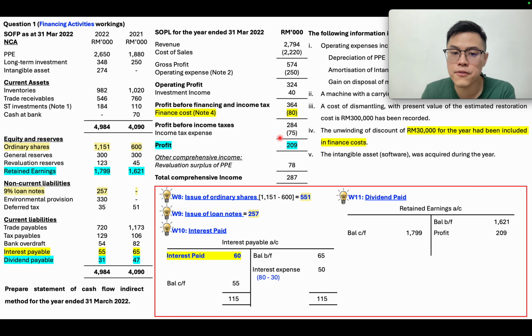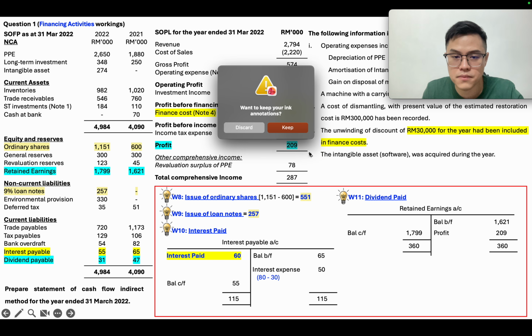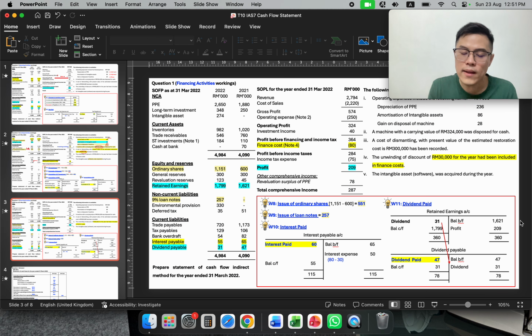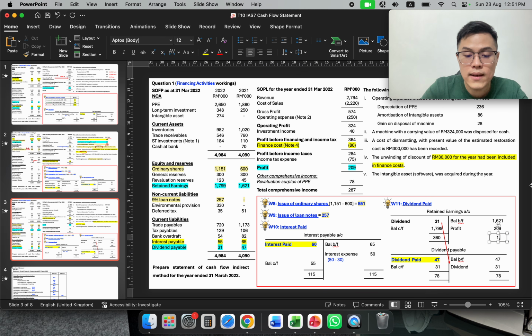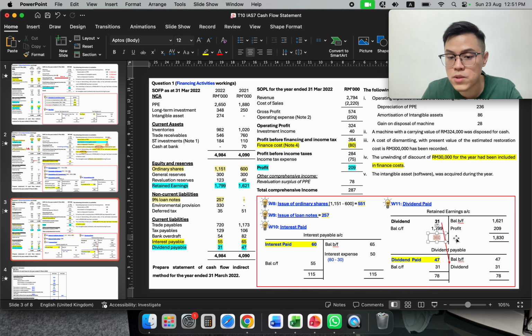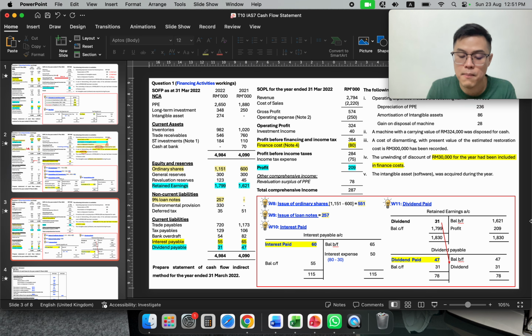Every single year profit will be transferred to retained earning. This is what we know because of asset equals to liability plus equity plus revenue minus expenses. So we know that over here, 1621 plus 209, you know that your ending will be 1830, and the 1830 will be transferred to here and minus your 1799.